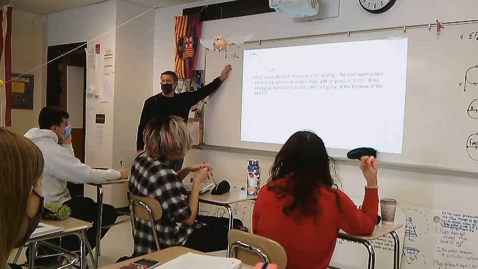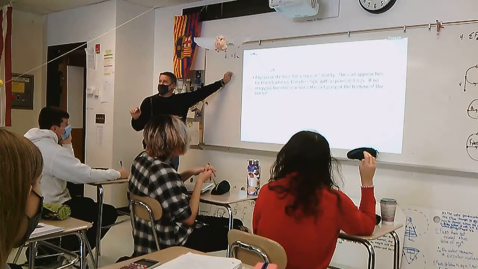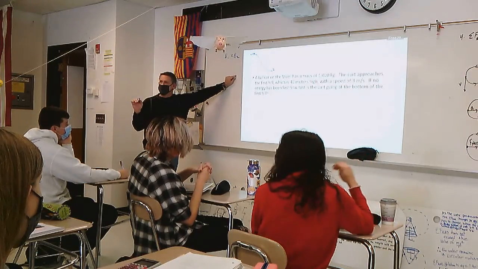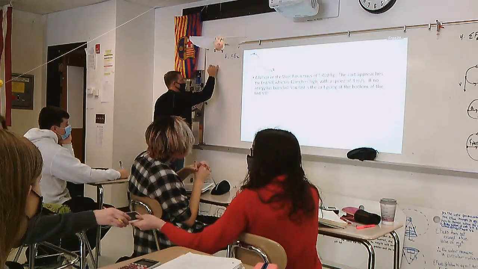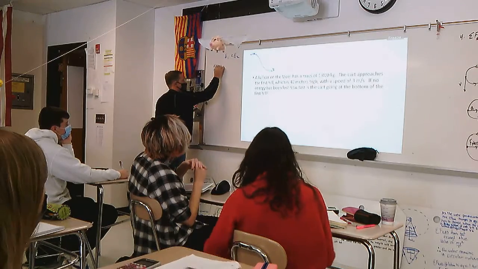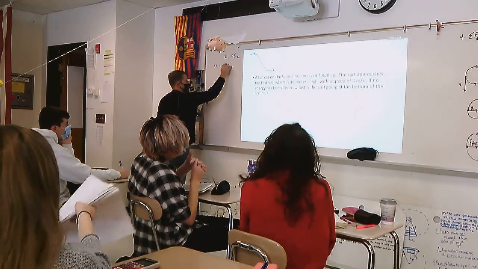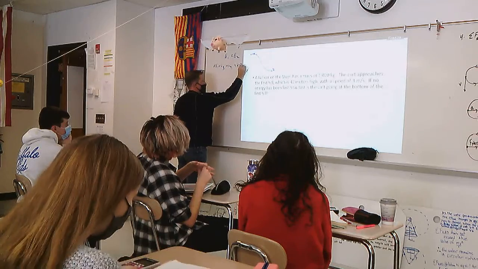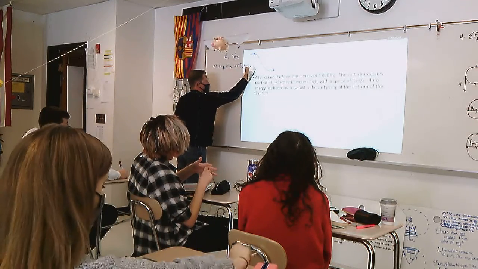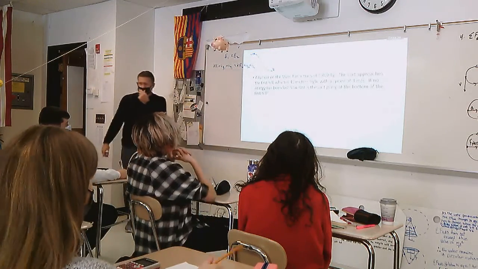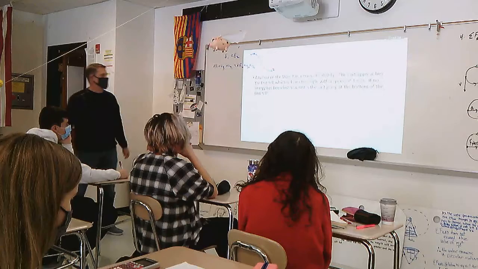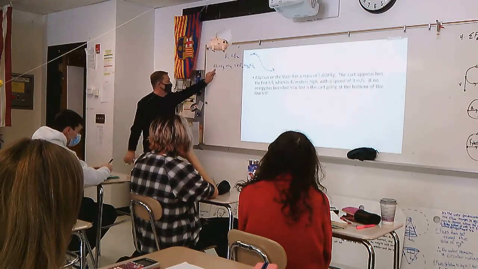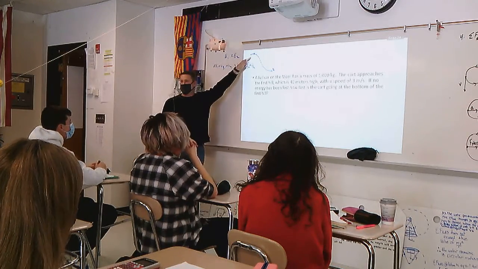Now, when we're talking about this energy, it's specific to mechanical energy, which is the sum total of kinetic plus gravitational potential plus elastic potential. And I think it's best if we put every single one of those types of energy up there to begin with. Now, is there kinetic energy up here at the top of the hill?